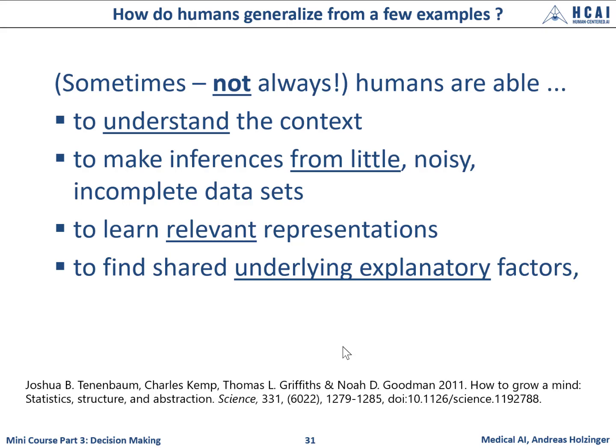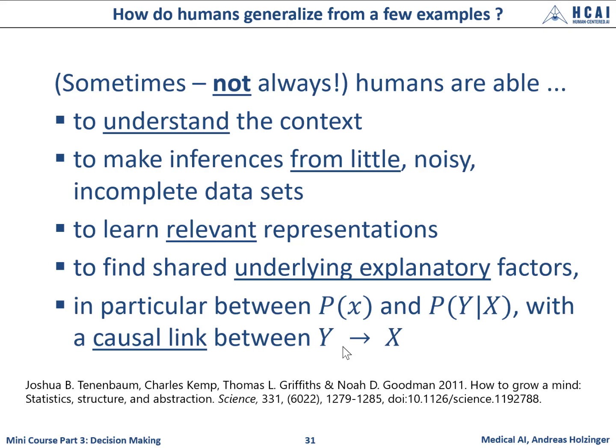So this explaining is very, very important, and this is also not inherent in even the best current AI systems. And this leads us in particular to the difference between the P of x and the P of y given x, with the causal link between y and x. So this is really this y mapped to x.